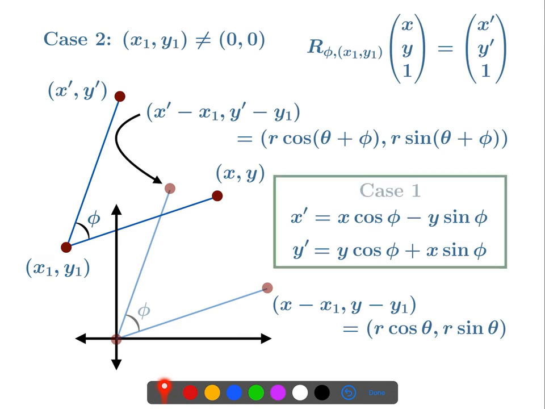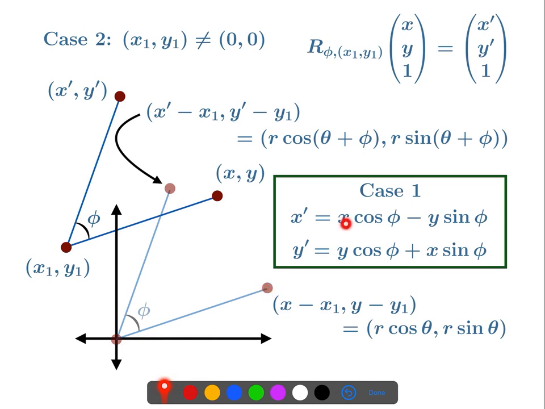So what we found out in case 1 was that the x prime was x cosine phi minus y sine phi. Well, what was this x and y? The x and y came from here, and the x prime y prime came from this point here. So I need to replace x and y here with x minus x1, y minus y1, because those are the coordinates here now instead of x and y.